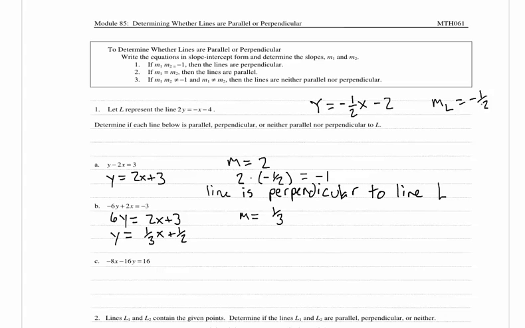And the slope is not the same as line L, so we're going to multiply them together and see if we get -1. So we have 1/3 times -1/2, which is equal to -1/6, and this is not -1. So this line is neither parallel or perpendicular to line L.